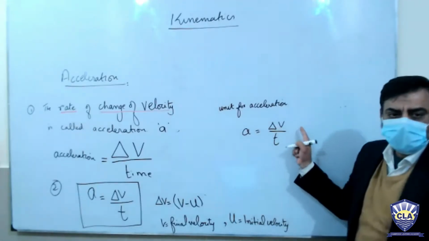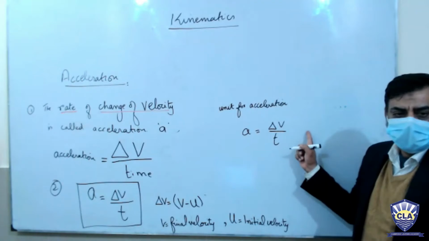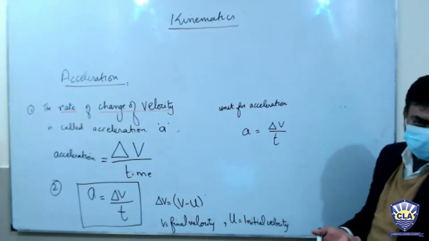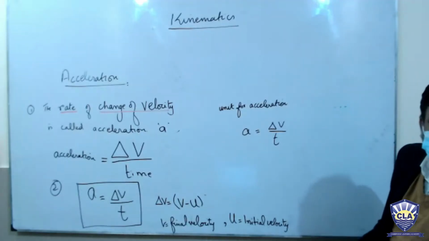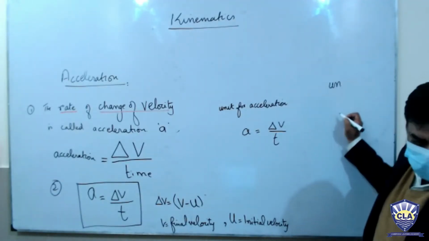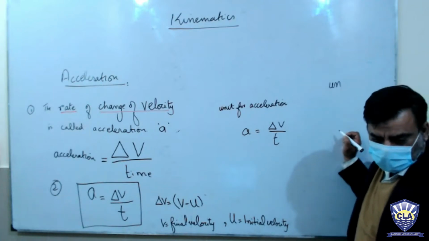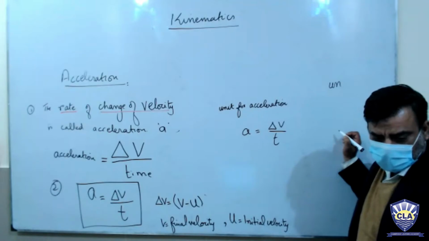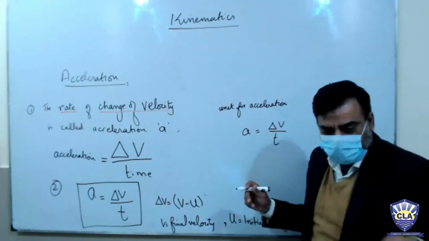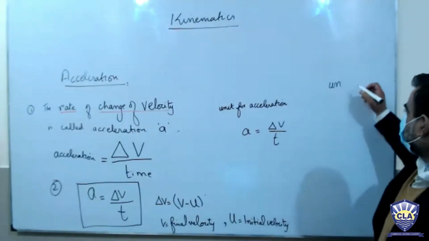What is the unit for change in velocity? What is the unit of velocity? You know, velocity is measured in meters. Alvina? Yes, sir. All right. I can't see your name on the screen, I just heard your voice.